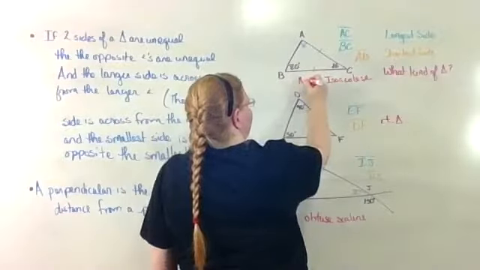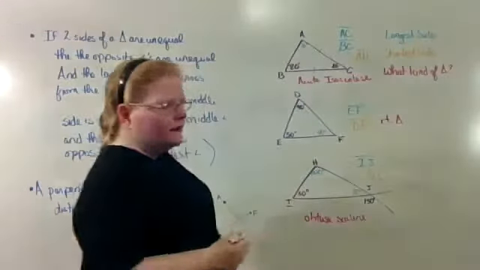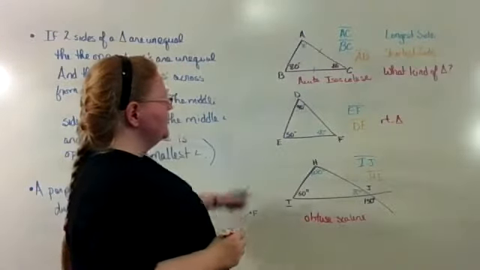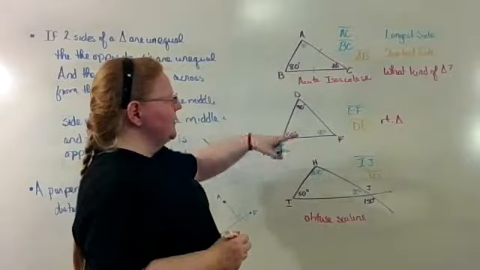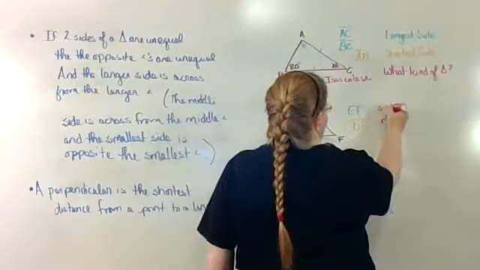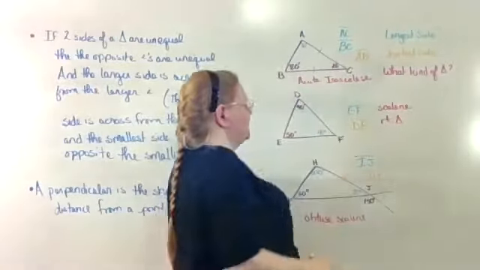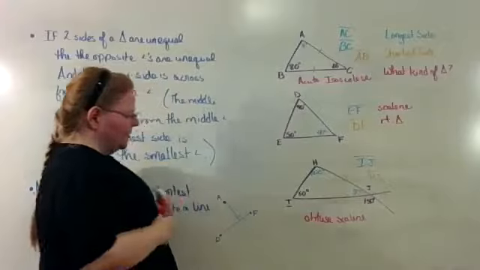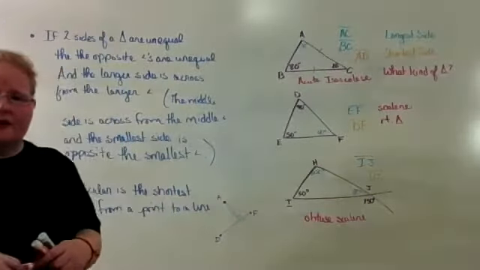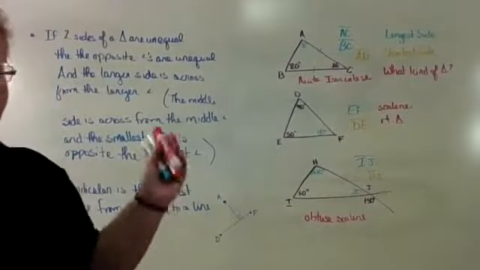Technically, this one is acute scalene, to be technical. This one is a right triangle, but it is also a scalene right triangle, because none of my sides are going to be the same. You can't have an isosceles right triangle. You cannot have an equilateral right triangle because it can't be equiangular.